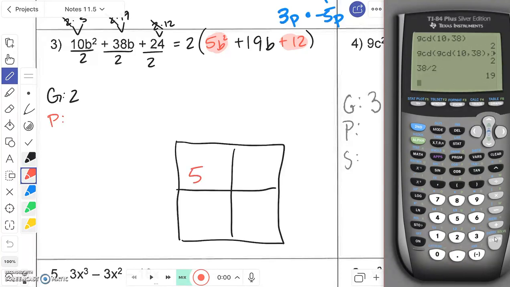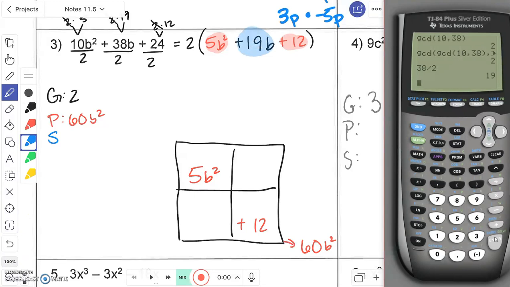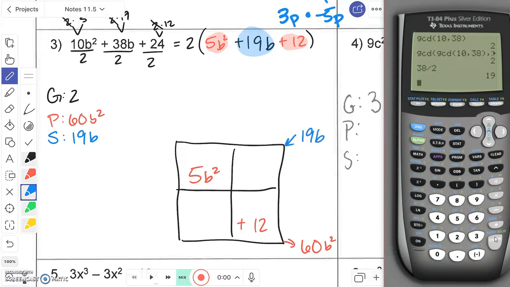So I have 5b squared positive 12, multiply those together, and I get 60b squared. So that's my product. And then my sum is my b value. So my sum becomes 19b. So we're looking for 2 numbers that add up to be 19b, but multiply to be 60b squared.